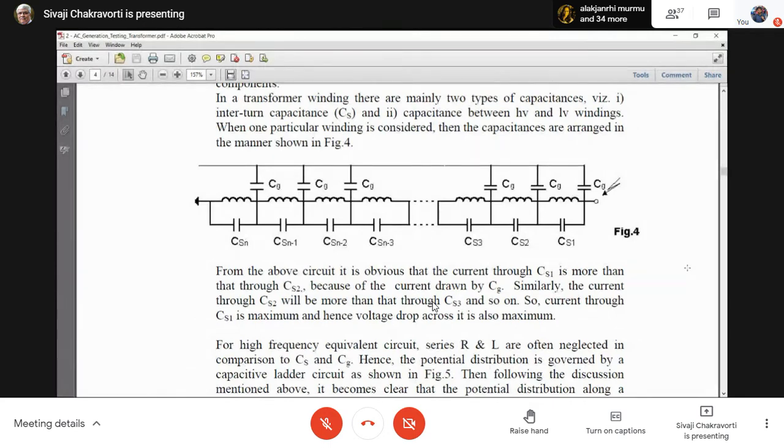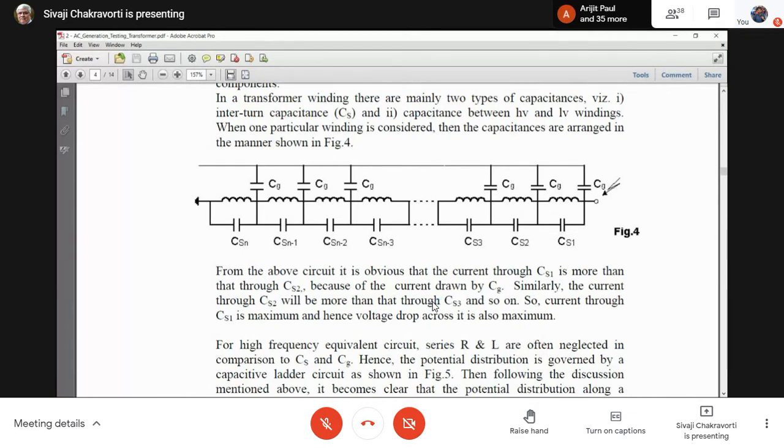And for the reactance of this capacitance, please remember, these capacitances are not very high. These are very, very low capacitances. They will not even be of the order of microfarad. They will be of the order of some 50 nanofarad, something like that. So 1 by omega C, when f is 50, 2 pi f is roughly 314.